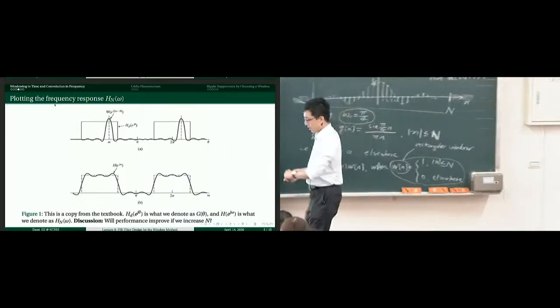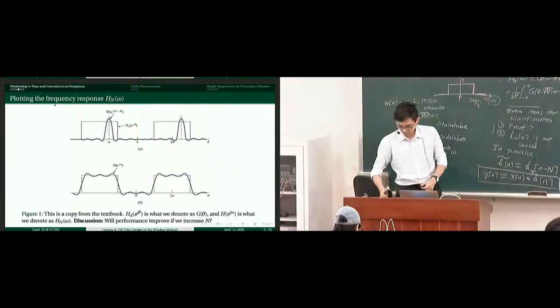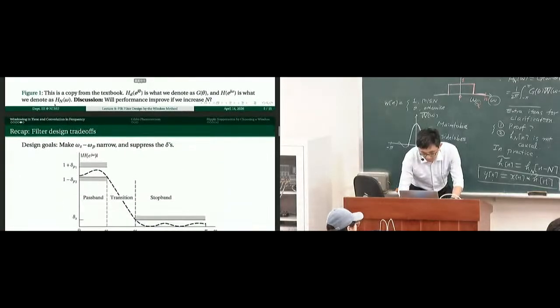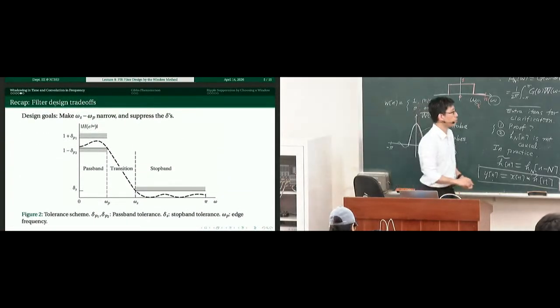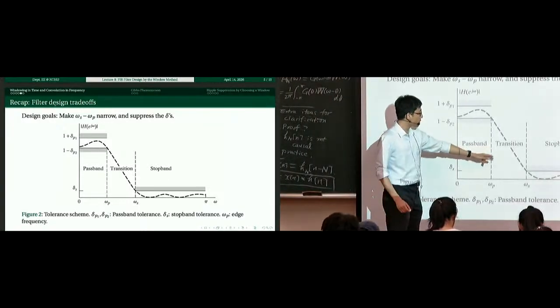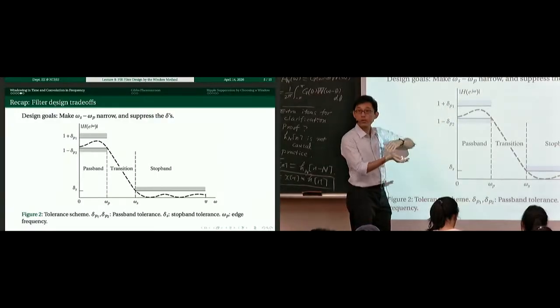And all the discussion will go back to our spec. Will our transition width become narrower? Will our ripples become smaller when we increase n?